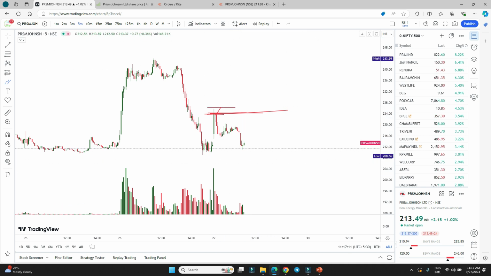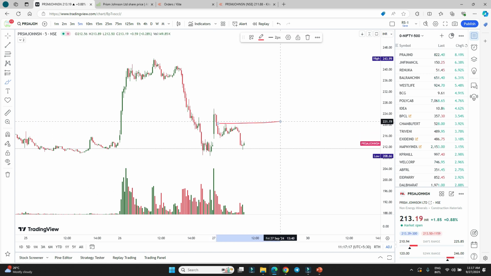So what I did was I waited for the retracement. This is where the 50% retracement is there in this candle's total move.